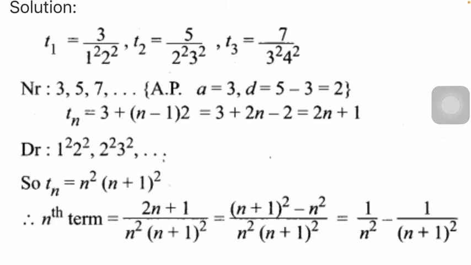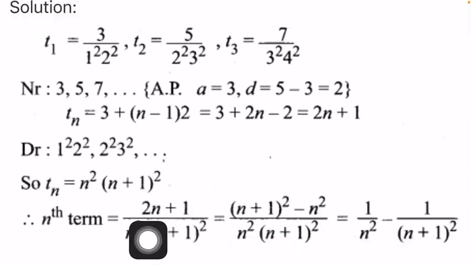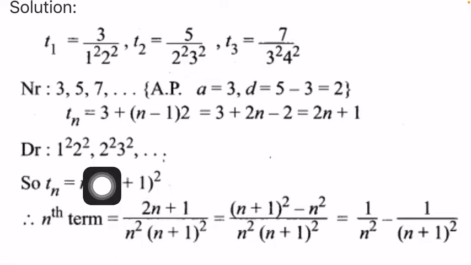So here we are adding and subtracting 1 n square. That is the meaning. So we get n square plus 2n plus 1, minus n square. The first three terms, n square plus 2n plus 1, become n plus 1 the whole square, and then minus n square.